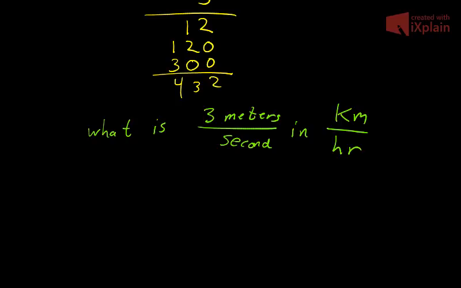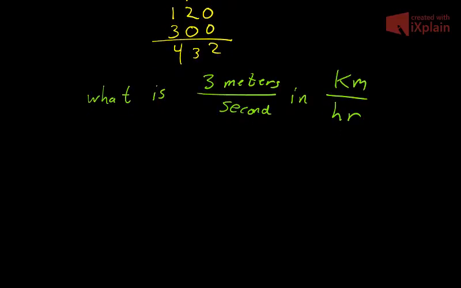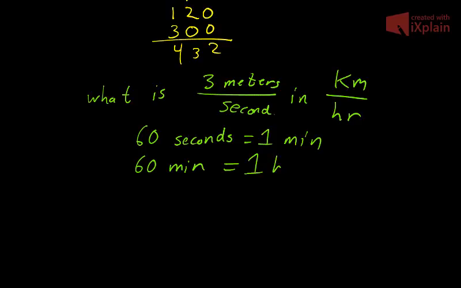Kilometers per hour is something that they use a lot, like in Europe, or basically anywhere but the United States, because kilometers are a lot nicer than miles when you're measuring things, and hours and seconds we know the difference of. So I'm going to write these down just to relate seconds and hours. We know that there are 60 seconds in a minute. I also know that 60 minutes equals 1 hour.